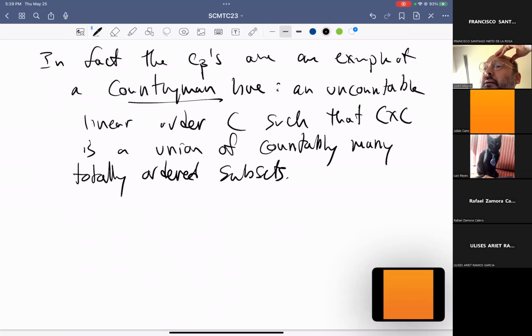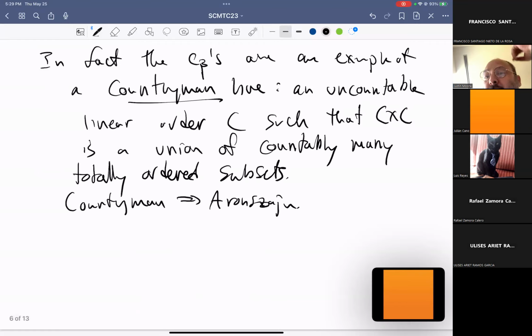Right, so Countryman, I don't really have time to go into this, but Countryman implies Ehrenfeucht. And it's also true that Countryman orders are inherited under taking suborders.